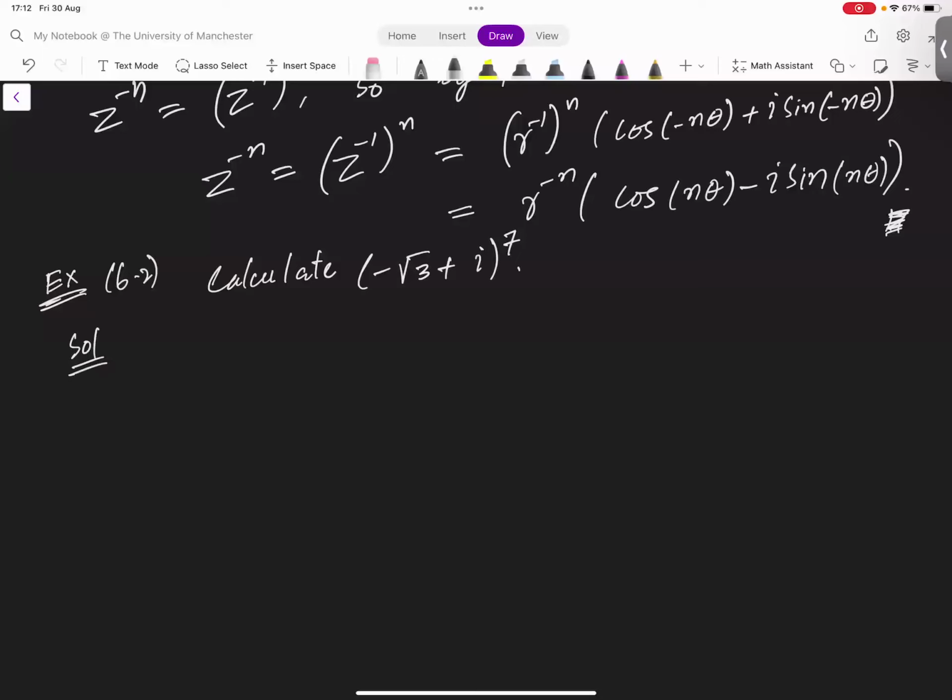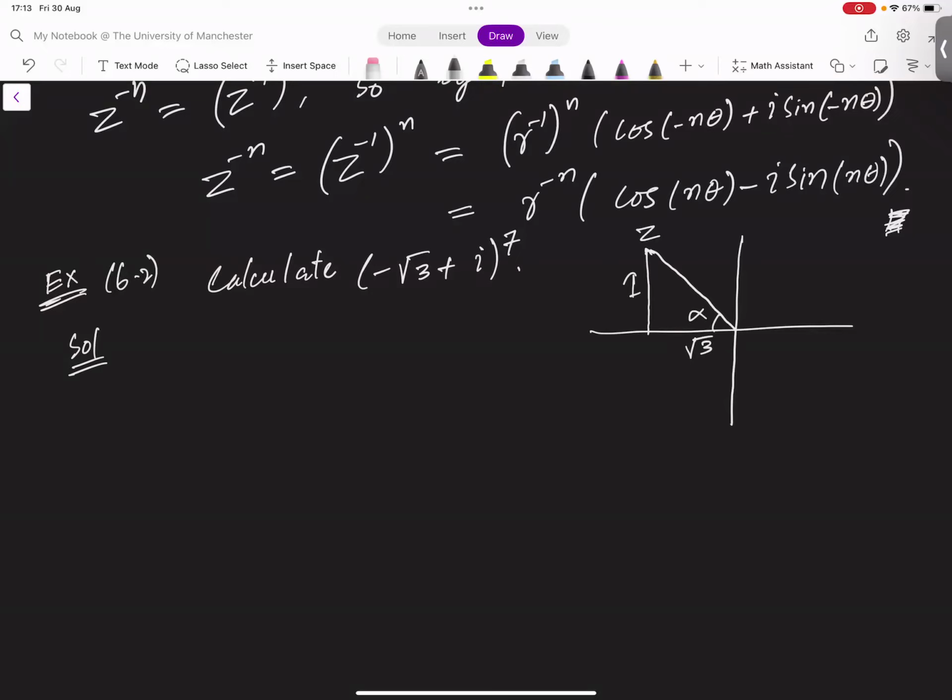So solution, we first find the polar form, and then that is, so this is 1, this is under root 3, this is z, this is alpha.